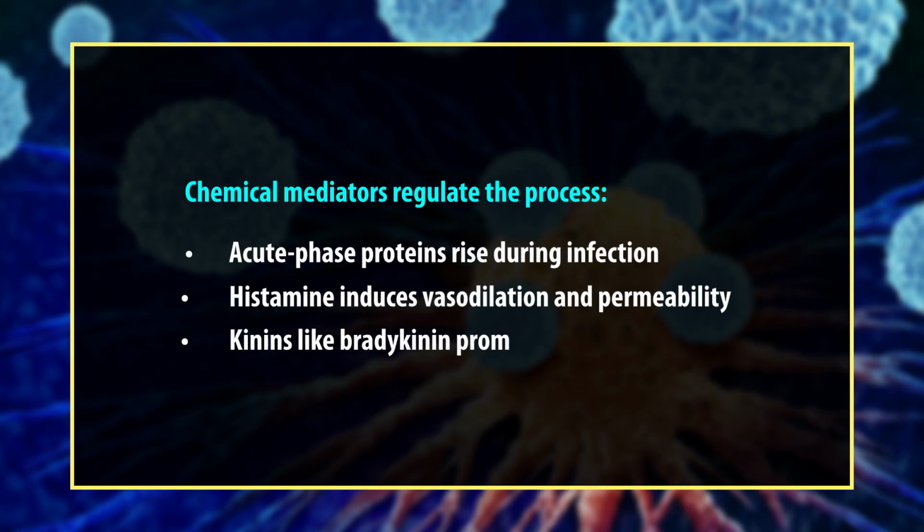Kinins like bradykinin promote vasodilation, permeability and pain. Enhanced permeability also allows blood clotting enzymes to deposit fibrin, forming a barrier that walls off the affected area, prevents the infection spread and initiates the tissue repair.